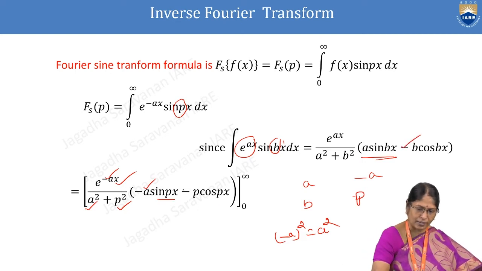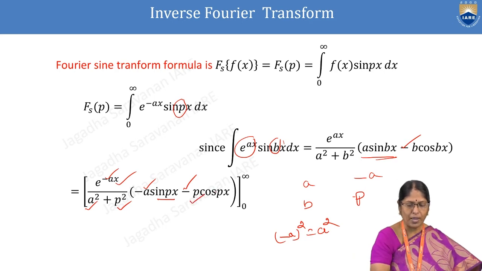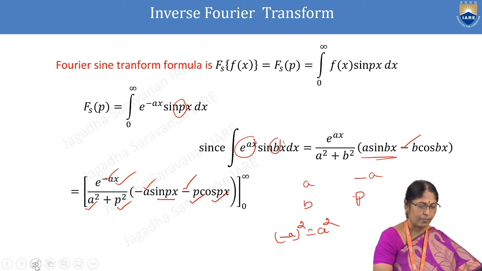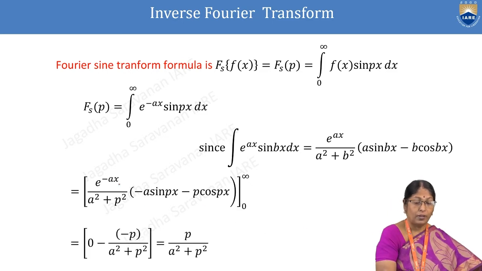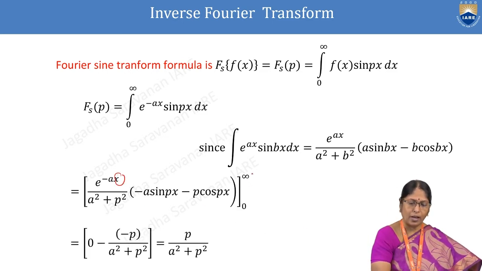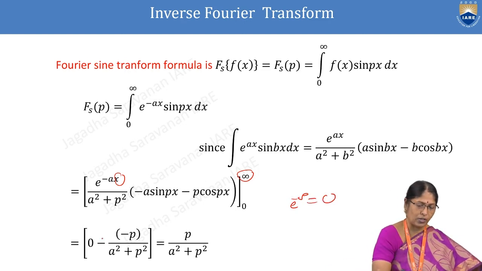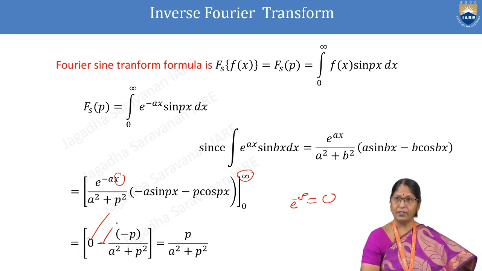The formula has minus b cos bx, but our b is p, so minus p cos px, integral 0 to infinity. Now we will substitute. In the x place we substitute the upper limit, the value is infinity. So e power minus infinity is nothing but 0. The upper limit totally vanishes.